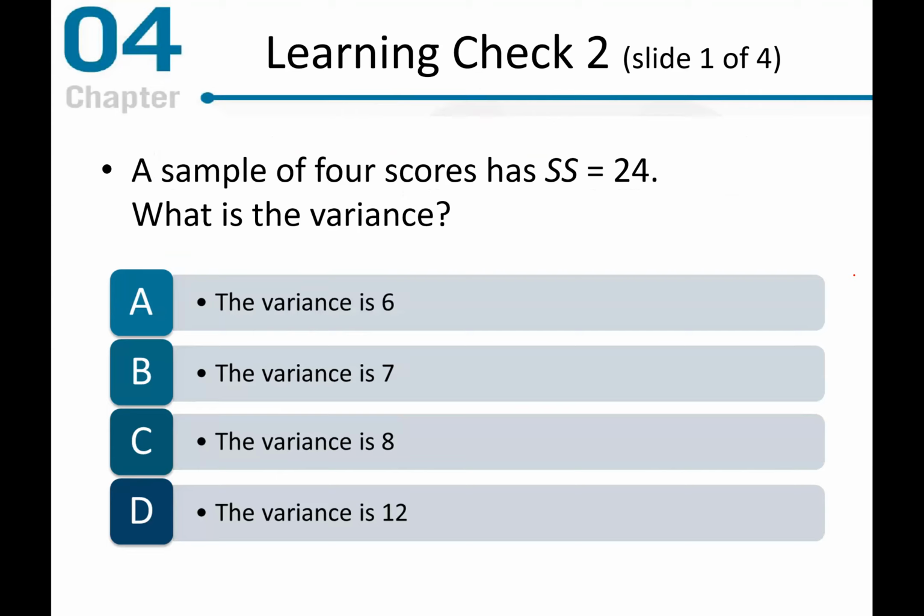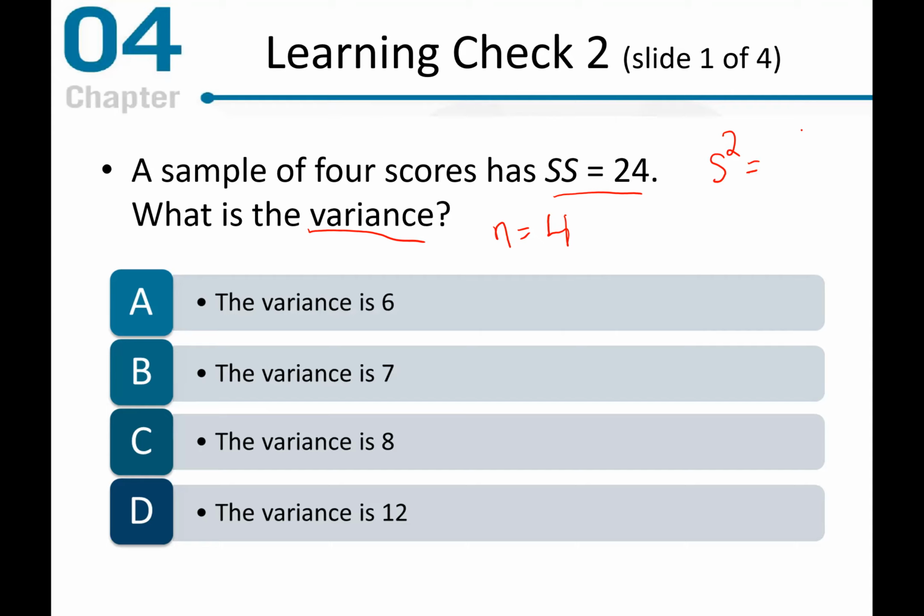A sample of 4 scores has a sum of squares of 24. What is the variance, right? So the sum of squares is 24, and the sample size is 4, and they're asking, what is the variance? Well, the variance for a sample is s squared.